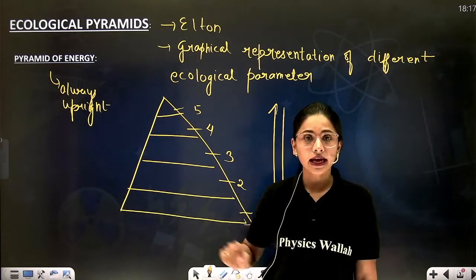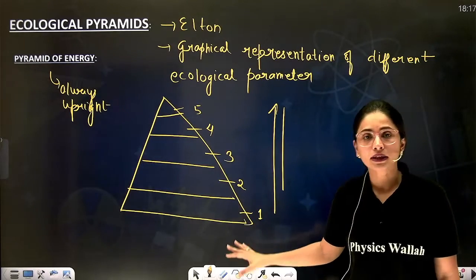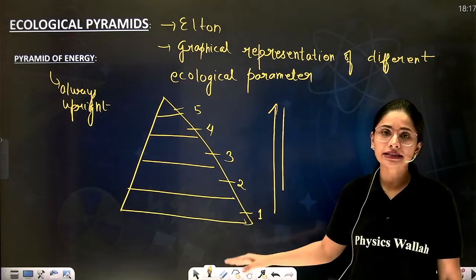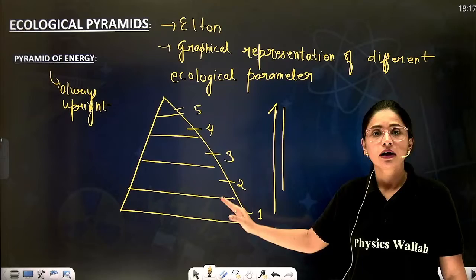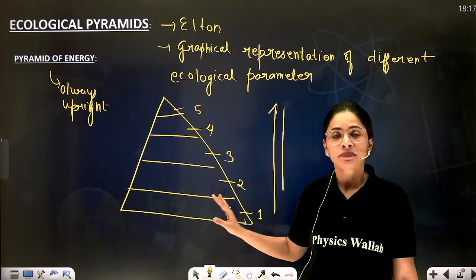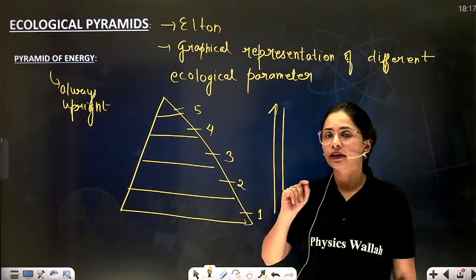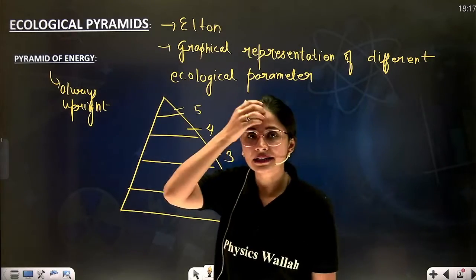Hence, the topmost trophic level will be narrower and the bottommost, the first trophic level, will be broader. As a result, the shape of the pyramid will always come straight upright. It can never be inverted or of any other shape because flow of energy is unidirectional and it follows the 10% law. Right? Shall we write this point?